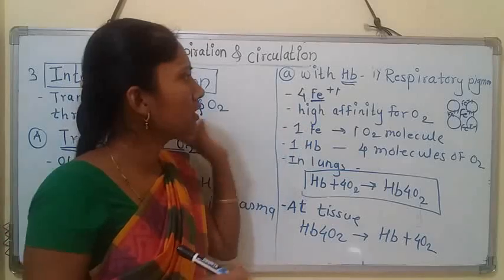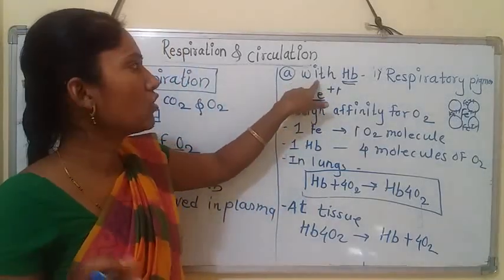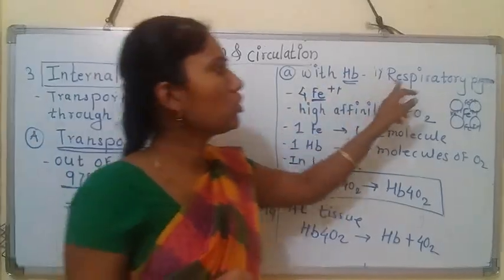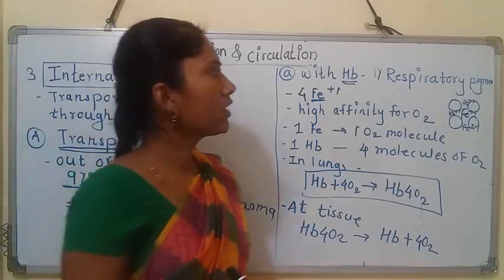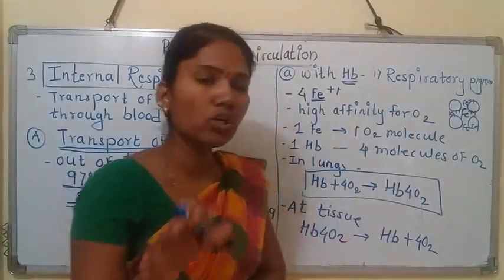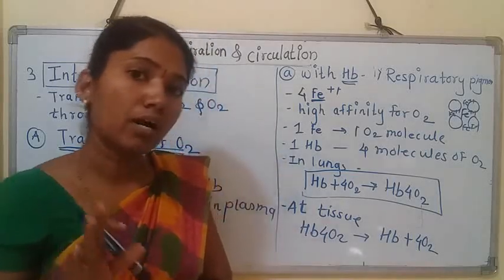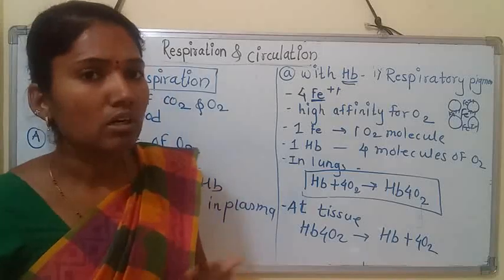So the first way we are discussing is that oxygen is transported along with hemoglobin. Hemoglobin is a respiratory pigment because it carries gases. Not only oxygen, it can also carry carbon dioxide, hence respiratory. And pigment because it gives color.